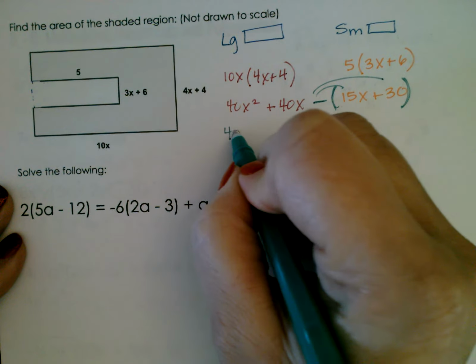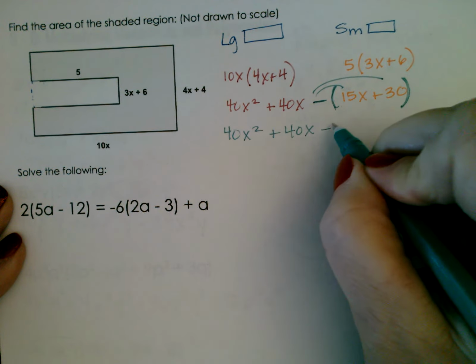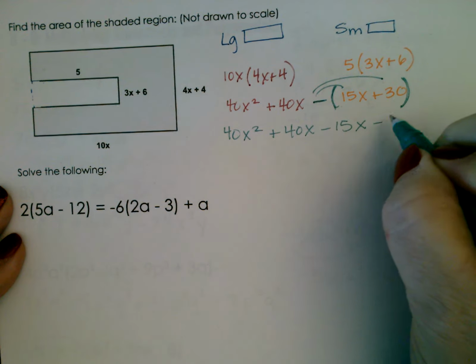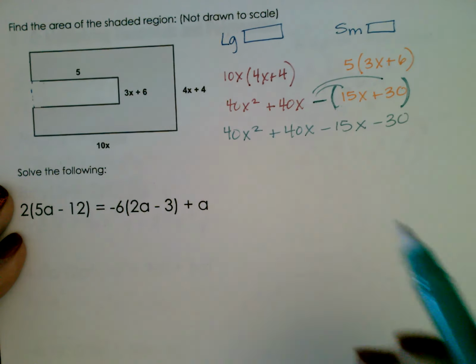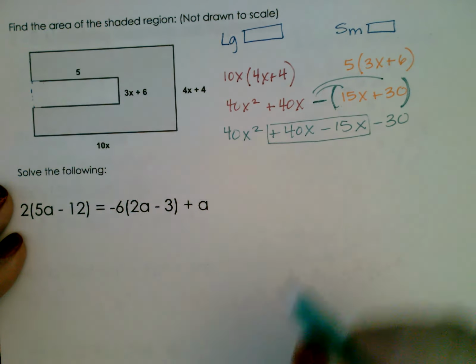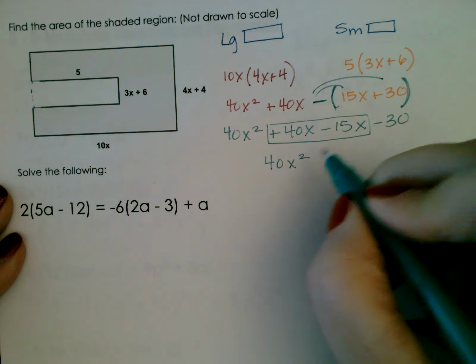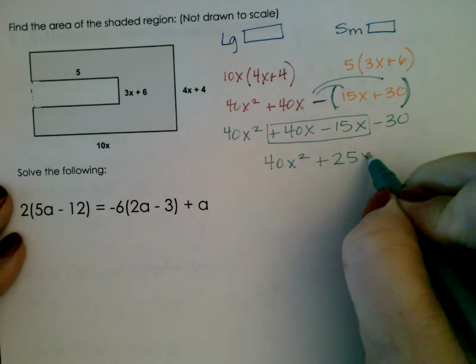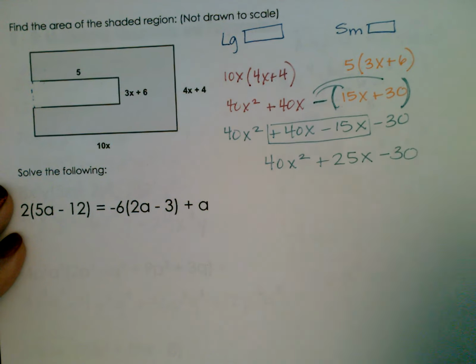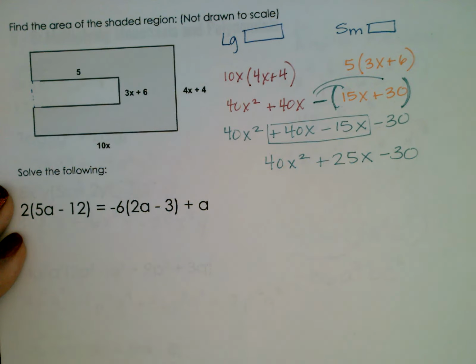And so I would have 40x squared plus 40x minus 15x minus 30. Combine my like terms in the center. 40x squared plus 25x minus 30 would be the area of the shaded region here.